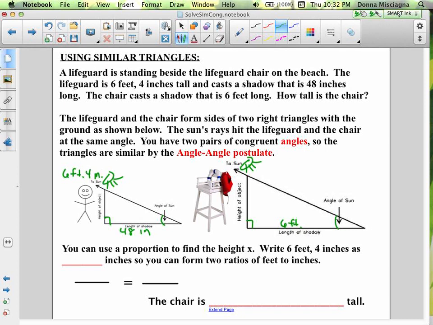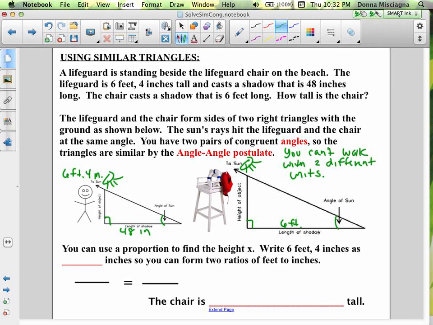You cannot work with two different units. So let's just add that in. You can't work with two different units. You either have to change it all to inches or all to feet. It's probably easier to change those all to inches, all right?